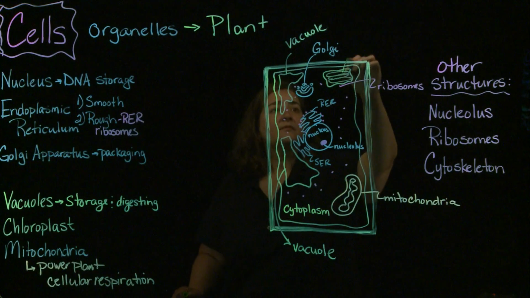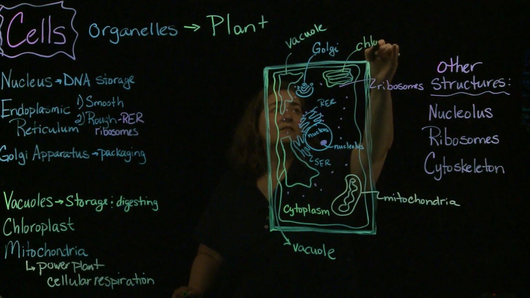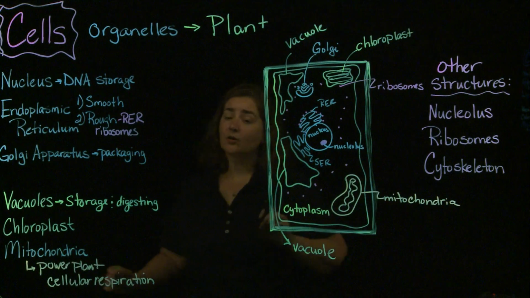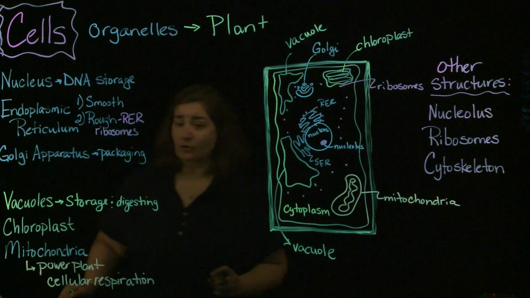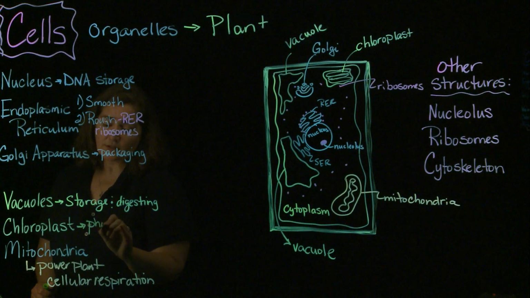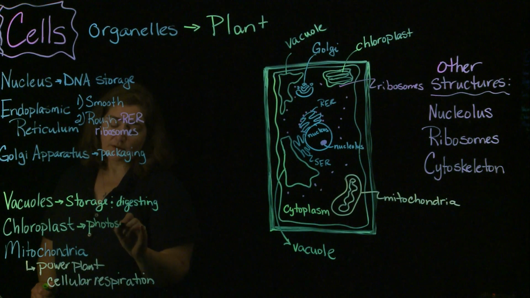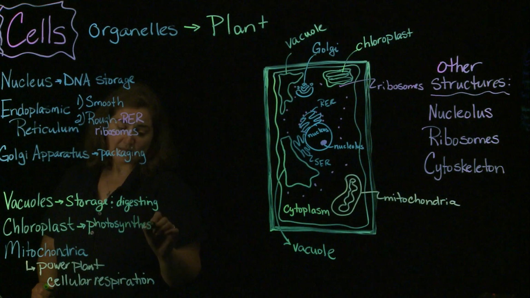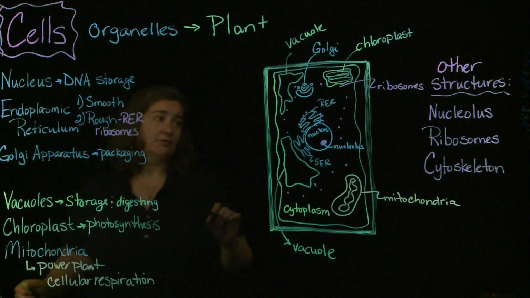And the function of the chloroplast in the plant cell, this is going to be where photosynthesis happens within the plant cell, okay?